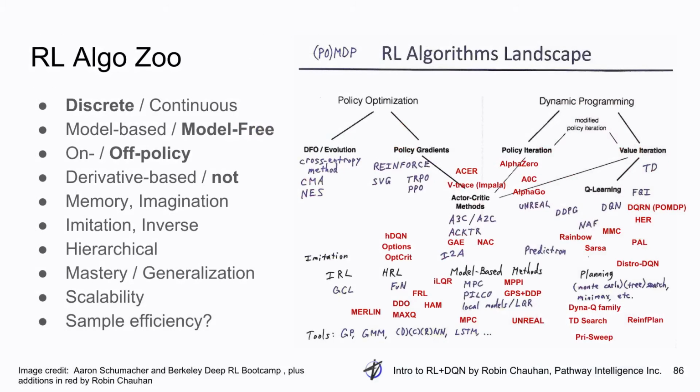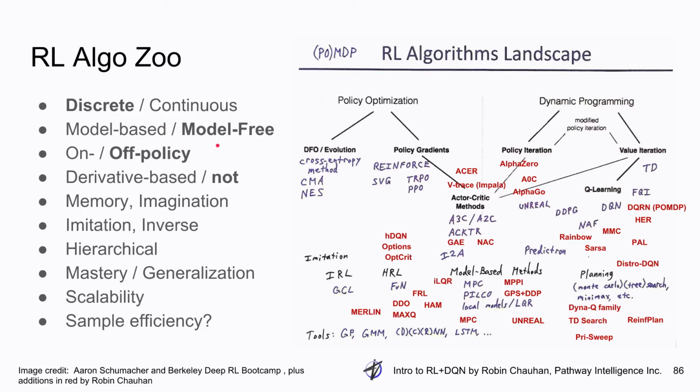All right, the algorithms in reinforcement learning can be arranged in this way. We are right here in Q-learning. Remember we said there's value methods and policy methods. DQN is dealing with discrete actions.